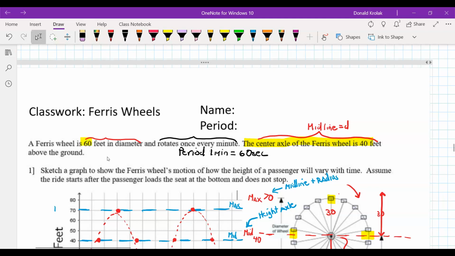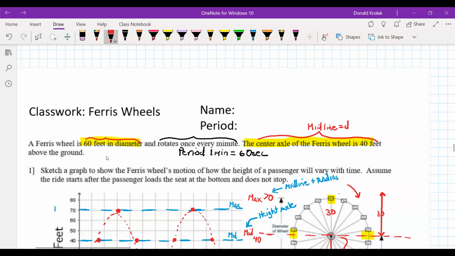That's D. Then if this is the diameter, you cut the diameter in half. If it said it was 60 feet radius, then you'd use 60. But this is going to be 60 divided by 2, which is 30, and that's going to end up being my amplitude.